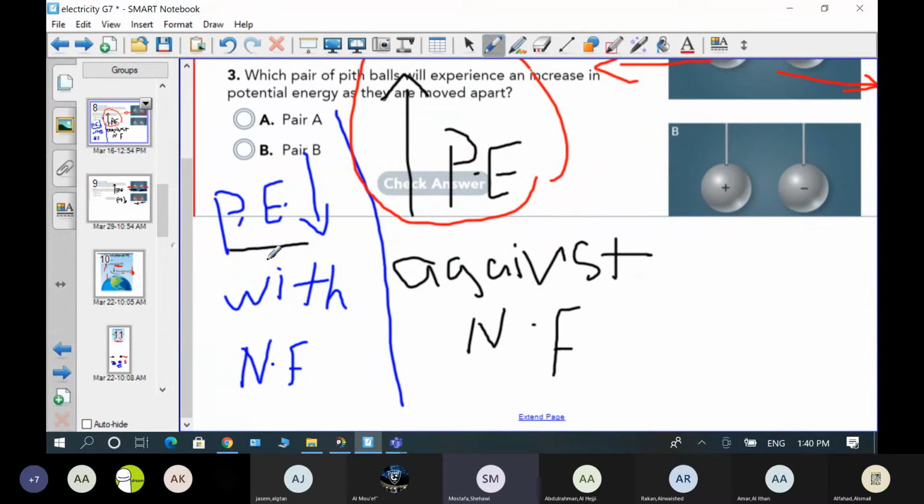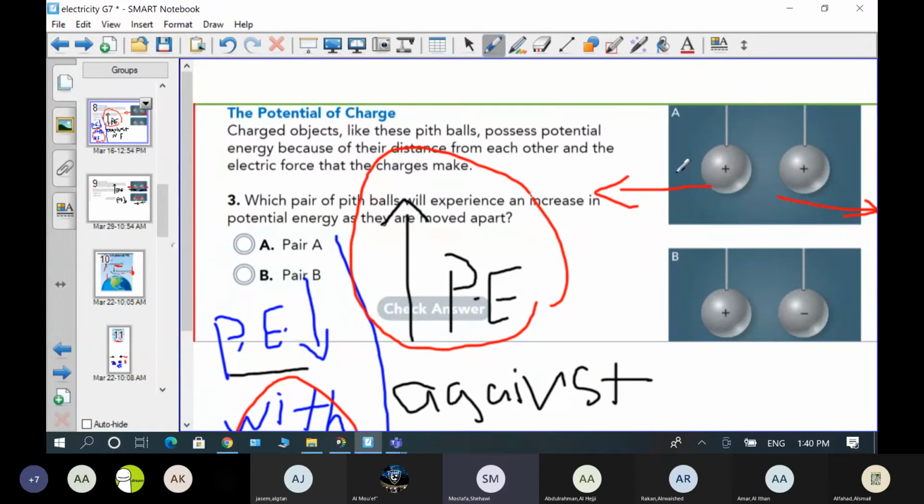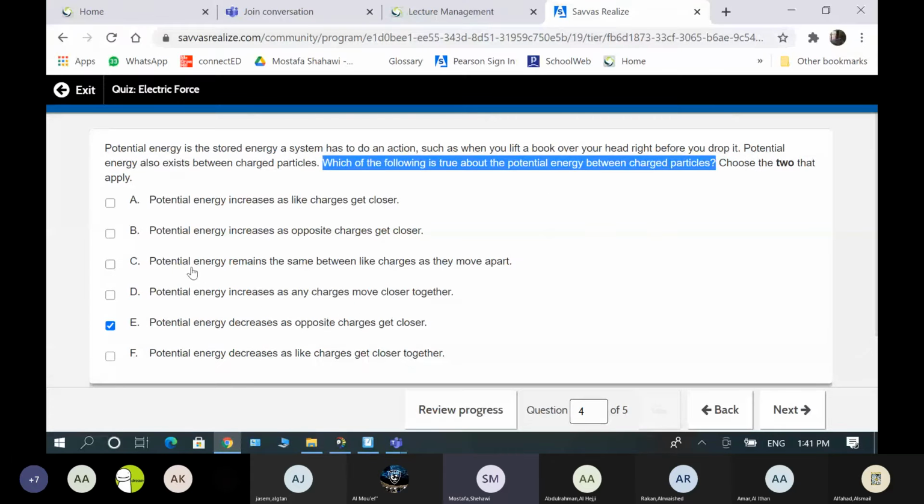So potential energy will decrease if you go with the natural force. You are moving them apart from each other, and that matches their repulsive force, and that will lead to decreasing potential energy. And this is not what is written here. C says potential energy remains the same. No, it does not remain the same. It decreases. So C is wrong.